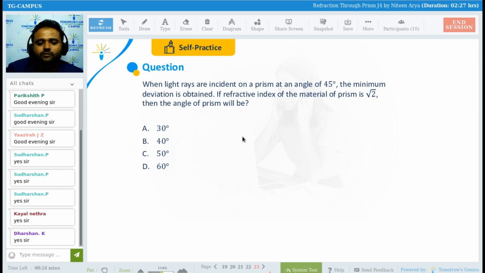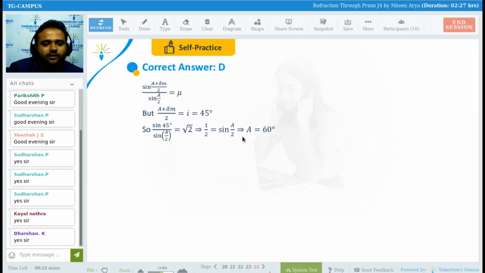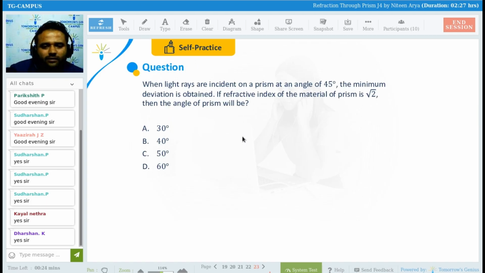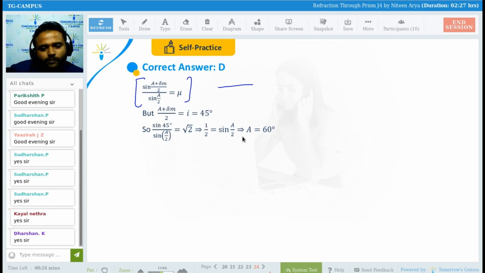Okay, see. This is for minimum deviation, right? This relation: mu equals sin of (A plus delta m) by 2 divided by sin A by 2, and (A plus delta m) by 2 is going to be i, which is 45 degree. It is given already, the angle of incidence, and the refractive index is given also. So put it there: sin 45 degree over sin A by 2.